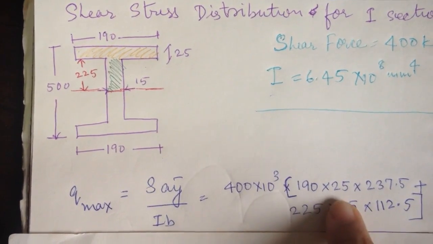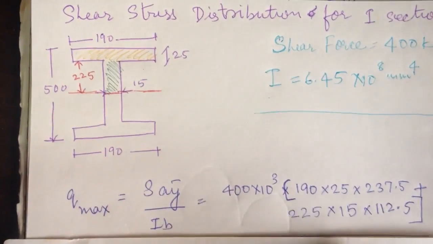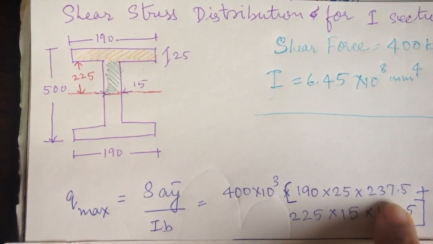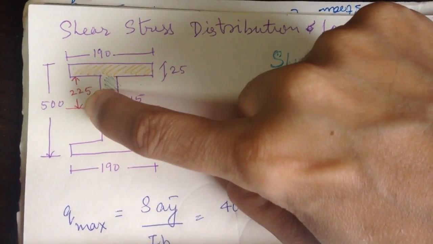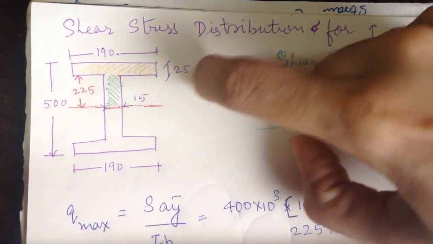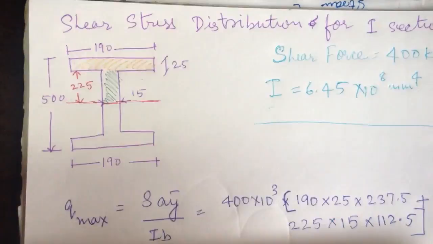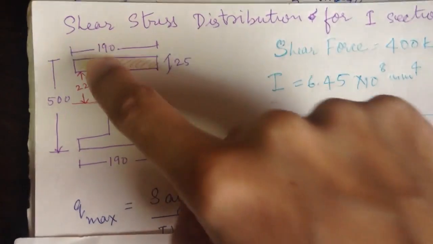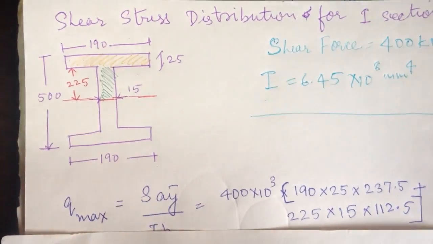So 190 into 25, that's the flange part, into 237.5, that is 225 plus half of 25, which is 12.5. So that's the flange area.